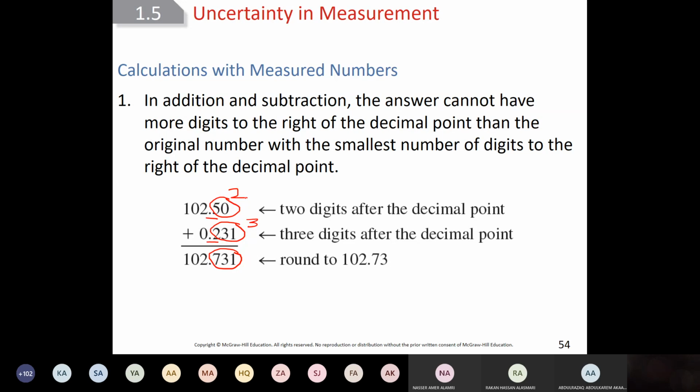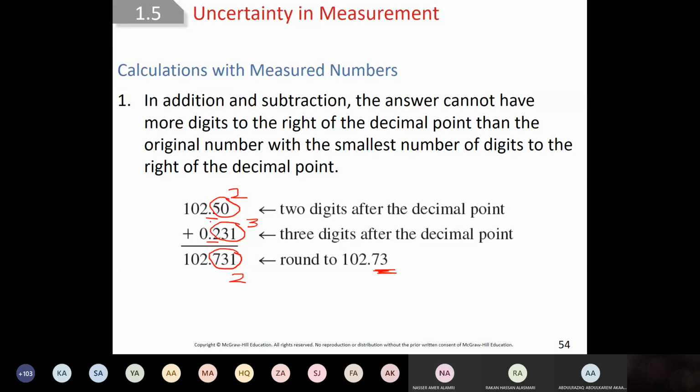The least number of digits after the decimal. So how many significant figures do we have here? 3. But how should you report it? Only 2. That's why you should round it to 73. Is this clear? Very good. So that's how you add or subtract numbers.